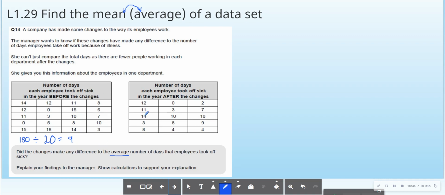After the change, we added all these up. So 12 plus 0 plus 2 plus 11 plus 3 plus 7 plus 14 plus 10 plus 10 plus 3 plus 8 plus 9 plus 8 plus 4 plus 4. That gives us 105. We divide that by how many numbers there are. 3, 6, 9, 12, 15.